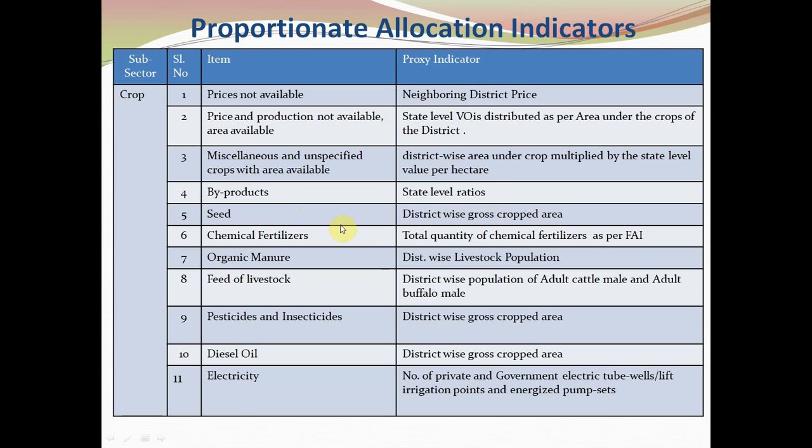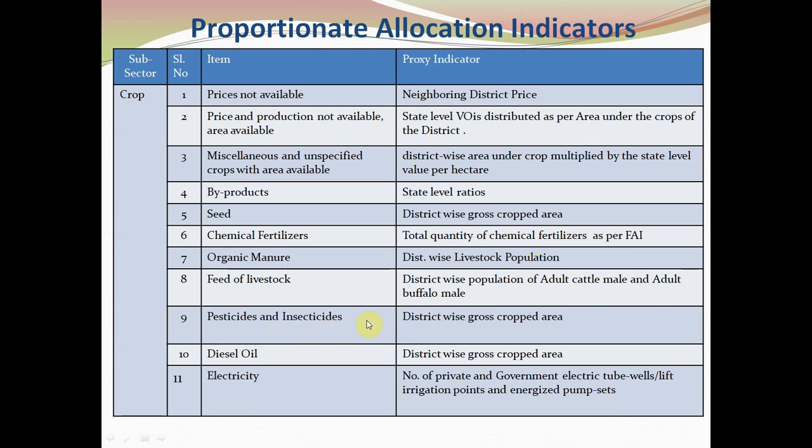For seed, we can take district wise gross cropped area. For chemical fertilizers, total quantity of chemical fertilizers as per FAI can be used. Organic manure, for this district wise livestock population can be taken as proxy indicator. For feed of livestock, district wise population of adult cattle male and adult buffalo male is taken.